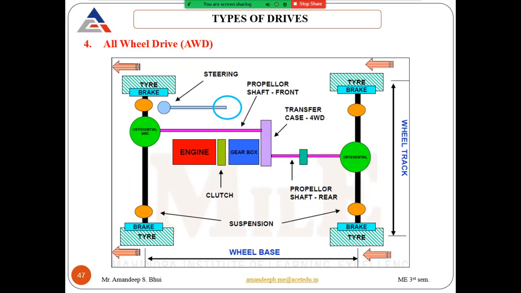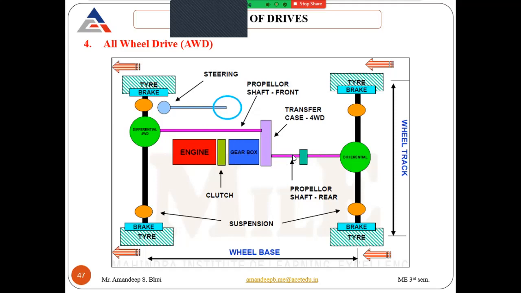Okay, so this is another arrangement of the all wheel drive. Here you can see clearly the engine, clutch, and gearbox. From the gearbox, the power goes into the transfer case of an all wheel drive, and from there to these purple parts, the two propeller shafts, rear propeller shaft and front propeller shaft.